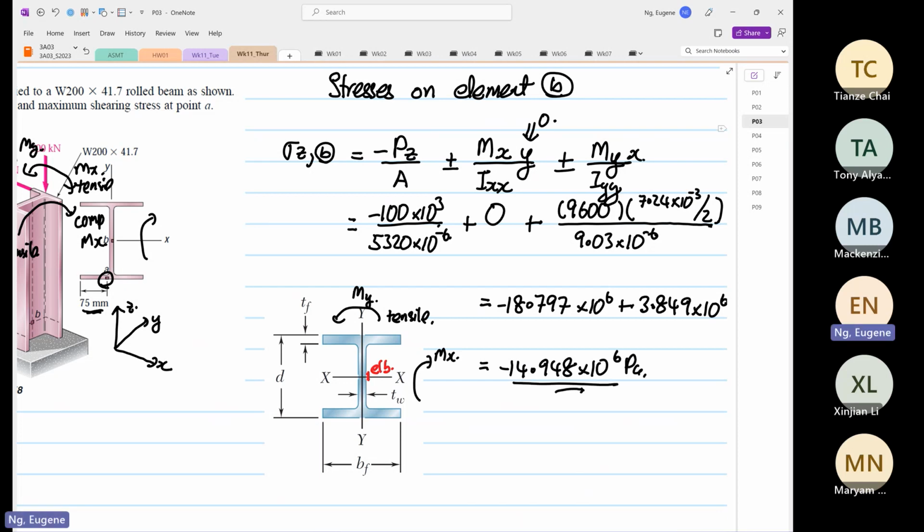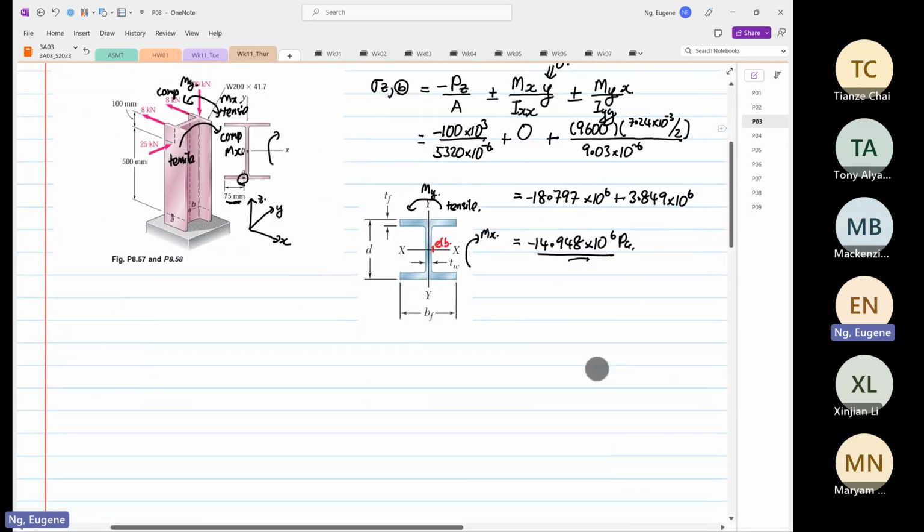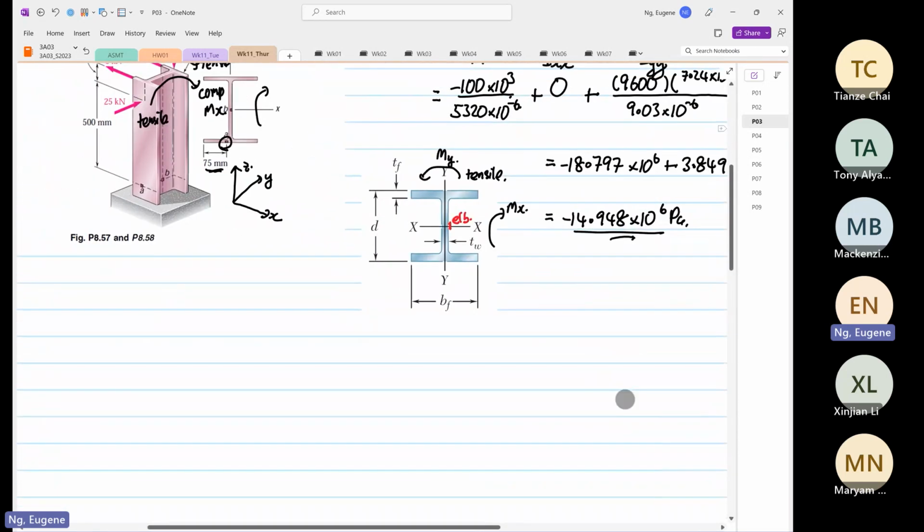Okay. So now we know our normal stress. What are we trying to do down here? Now if you look over here, our element B orientation changes.